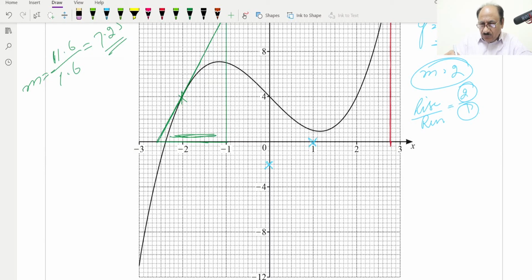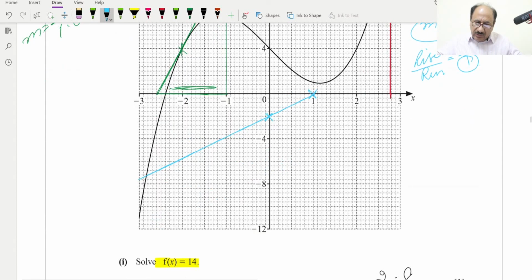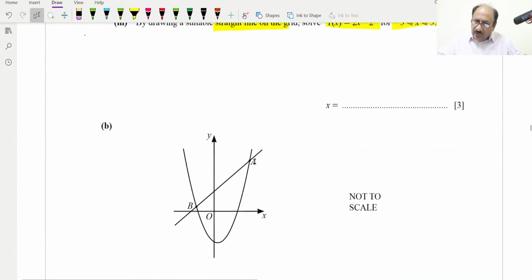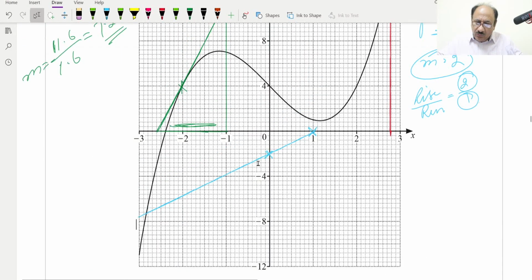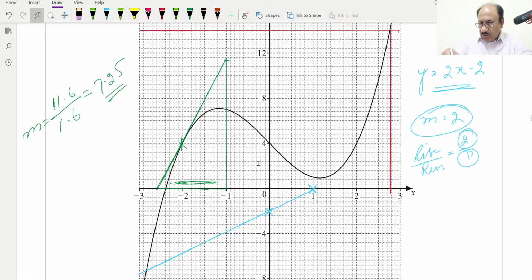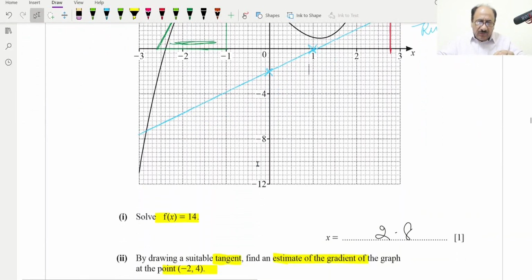Basically, we will check where this line will be intersecting the graph, over here, this side. They are saying by drawing a suitable line from -3 to 3. So we have to draw the line on the other side, the extended line also, like this one. But we can see that it is not intersecting at this point, so it will be intersecting the graph only at this one.